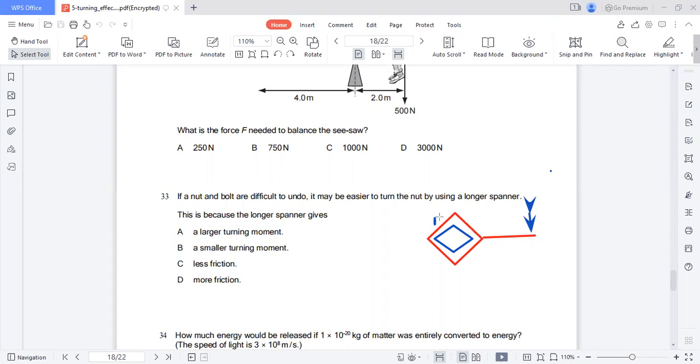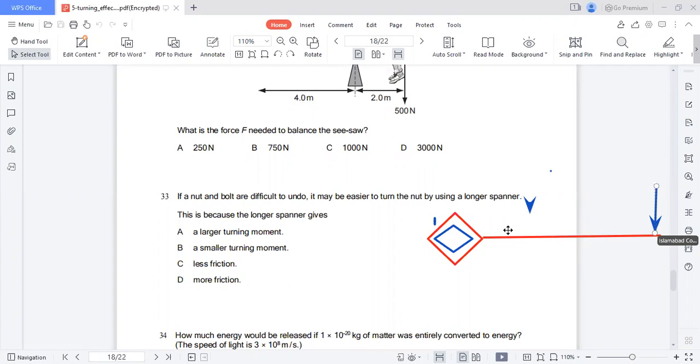If we increase the size of this spanner, suppose I make it like this, we know the turning effect is the same, and when the turning effect is the same, if you increase the size of the rod, the perpendicular distance increases and the force reduces.